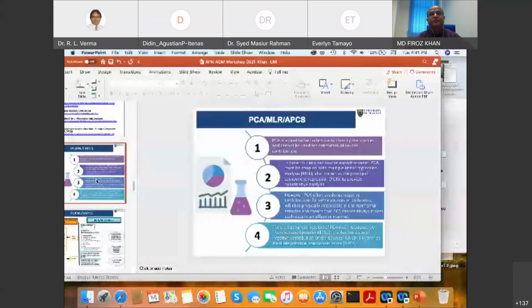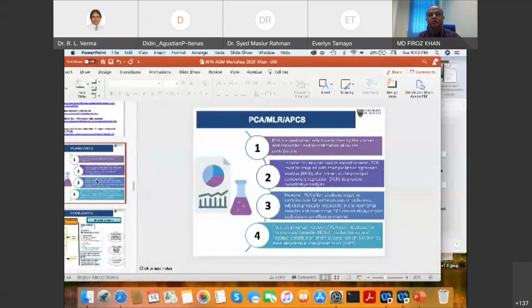The advantage for PCA is that, but the limitation for PCA is that this is a qualitative technique. It cannot help us to group our data into small groups quantitatively. So we cannot use PCA for estimation of contributing sources.